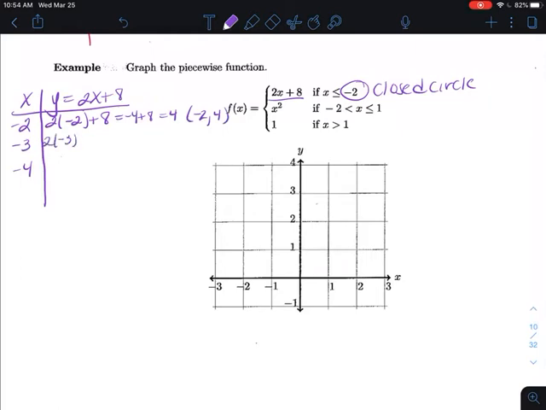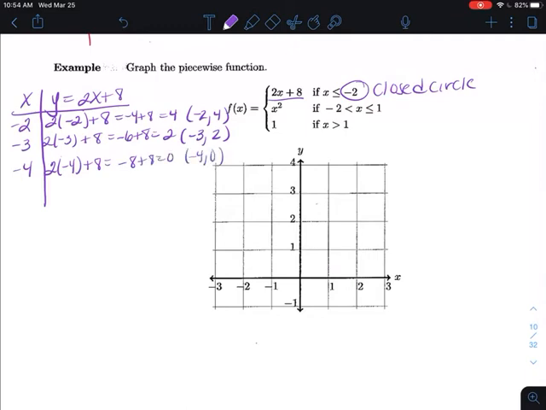Then I have to do 2 times negative 3 plus 8, which is negative 6 plus 8, which is 2. So that's the point negative 3, 2. Then I have to do 2 times negative 4 plus 8. So that's negative 8 plus 8, which equals 0.